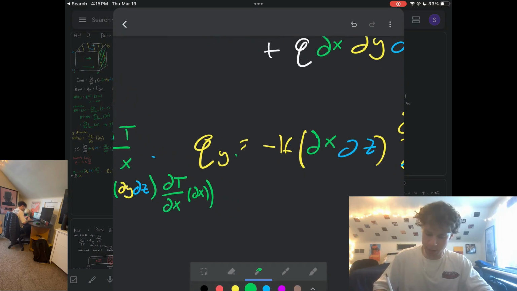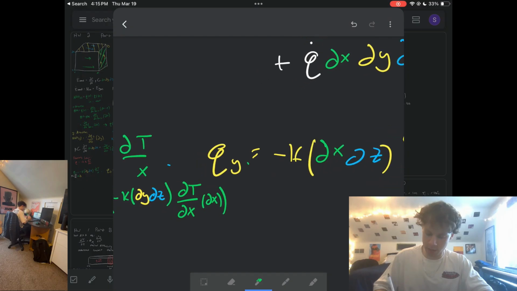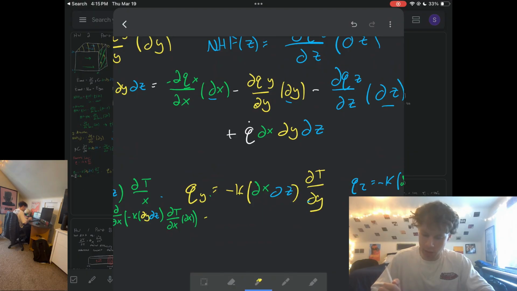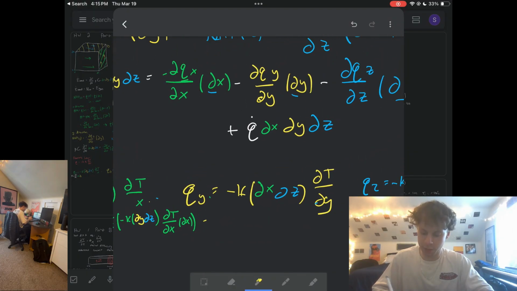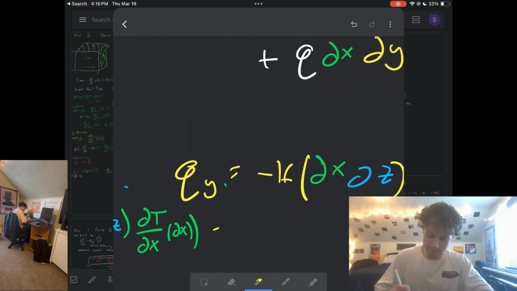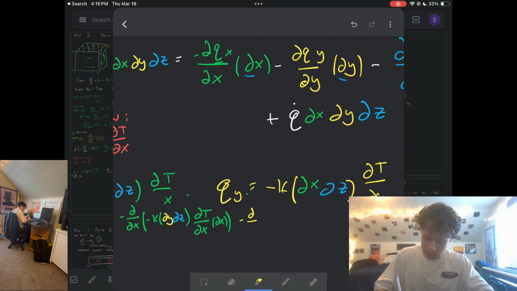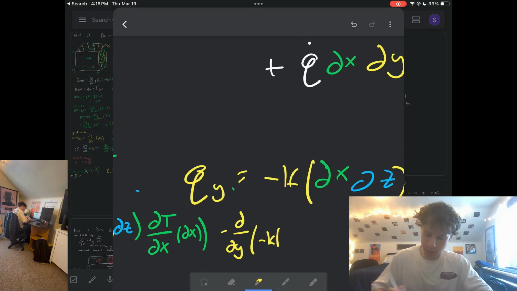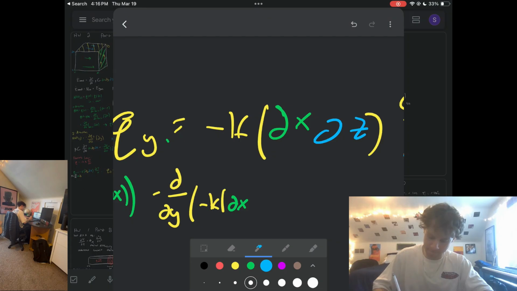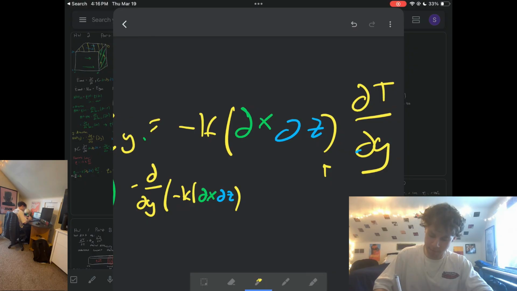Plus our negative, for our y term, we'll get d over dy times negative thermal conductivity times the area of the y direction, which will be our dx dz, times our temperature gradient in the y direction times our dy.